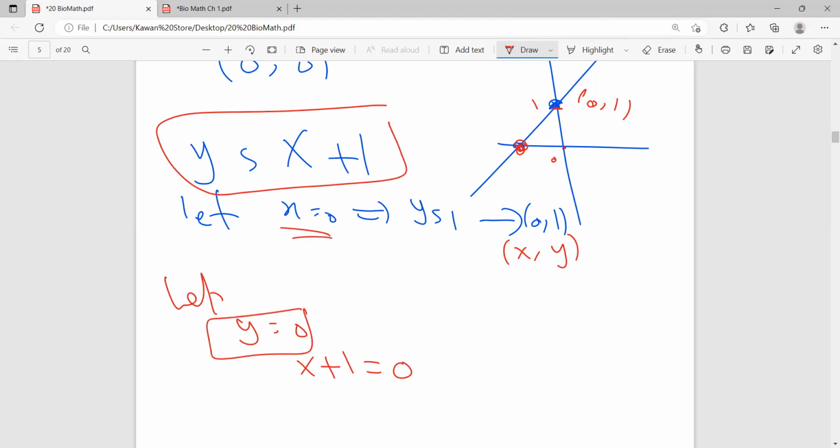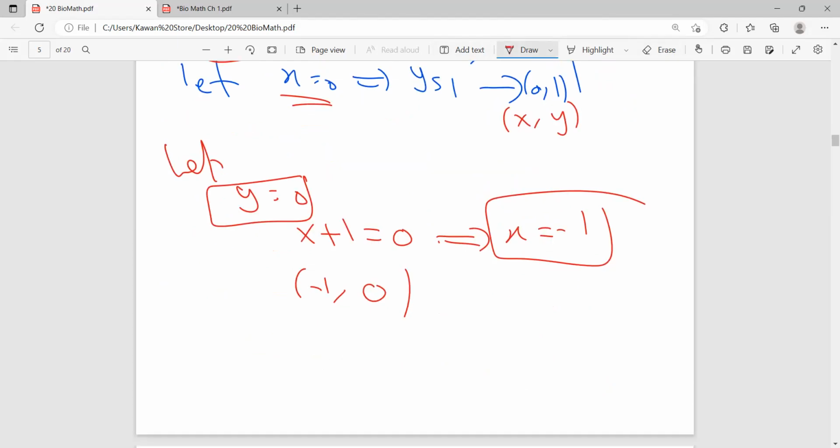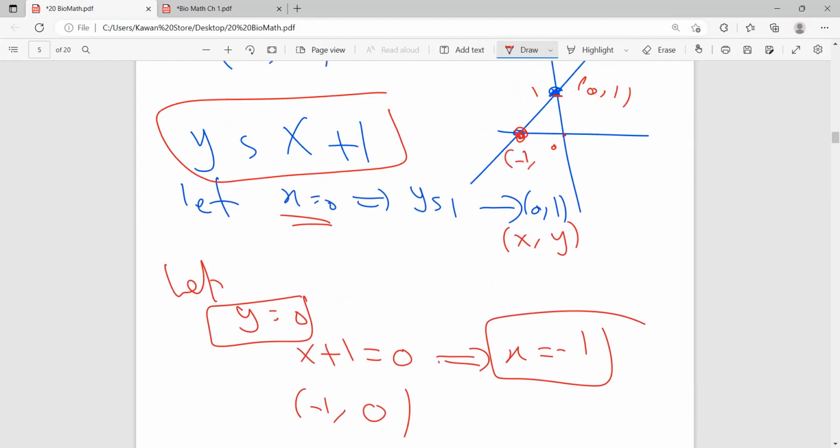The second time, make y be 0. Okay? So you'll get, of course, the x intercept. Then x will be what? Minus 1. Now I got a new point, which is minus 1 and 0. Of course, x should be here and y 0. So where's minus 1 and 0? As she said, we can find it here.